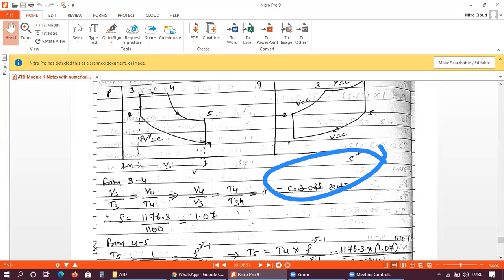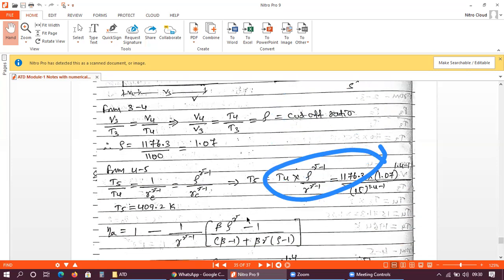Here I will go with T4 by T3. T4 is 1176.3 Kelvin divided by T3, which is 1100 Kelvin. If you take the ratio of these two, you will get the cutoff ratio as 1.07 during the process 3 to 4.